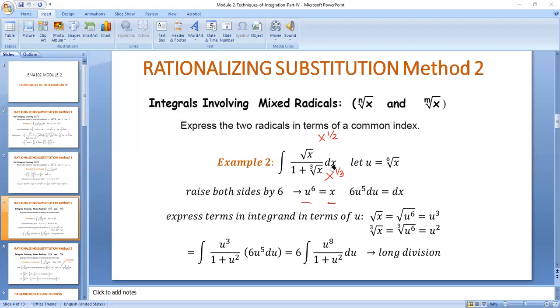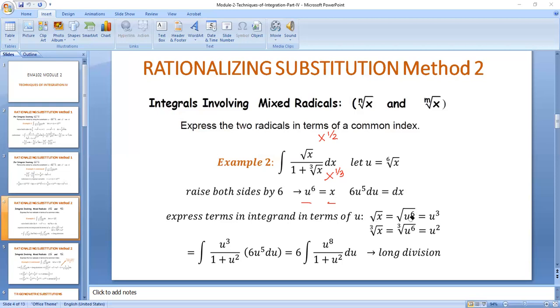Now, how would you do that? So it's in here. Your square root of x is equal to this one. You need to replace it by u. But what is x? x is u raised to 6. So this x that you have here, you raise it to 6. So u raised to 6, and then you have it under the square root sign. You would want to replace the square root of x here by a u expression.